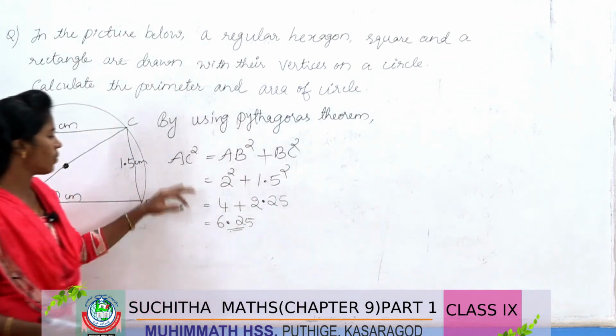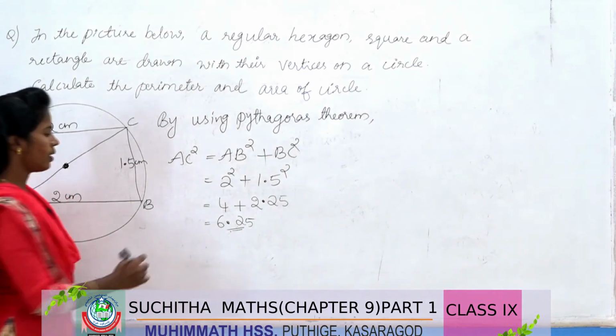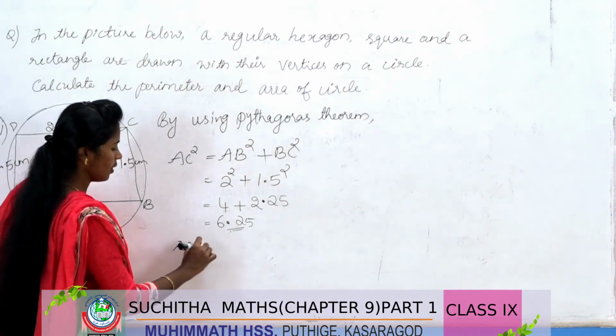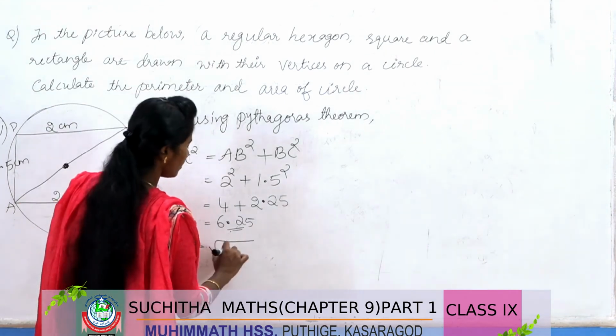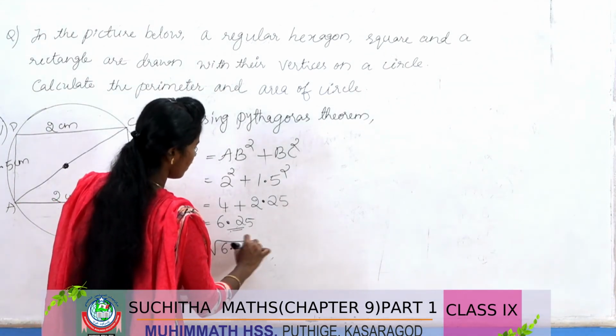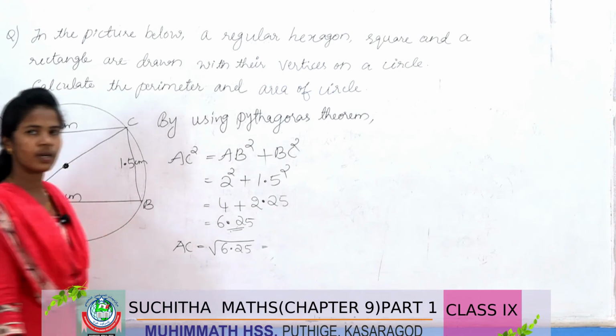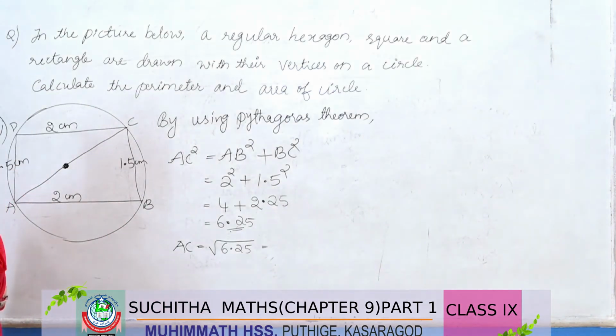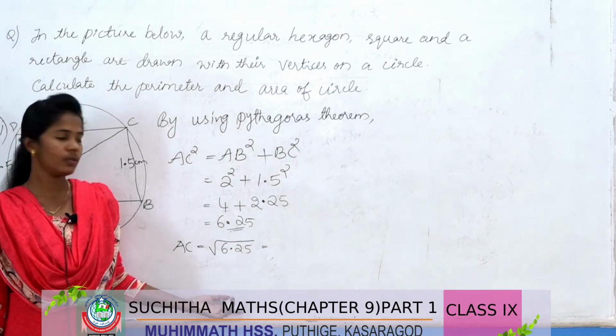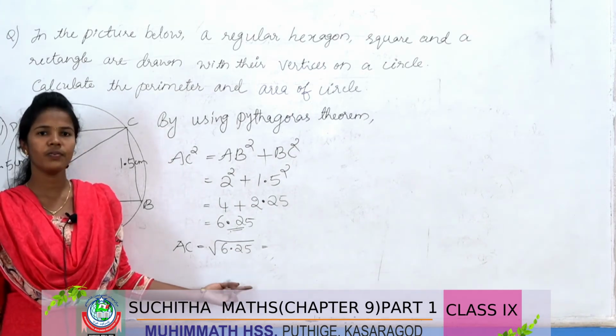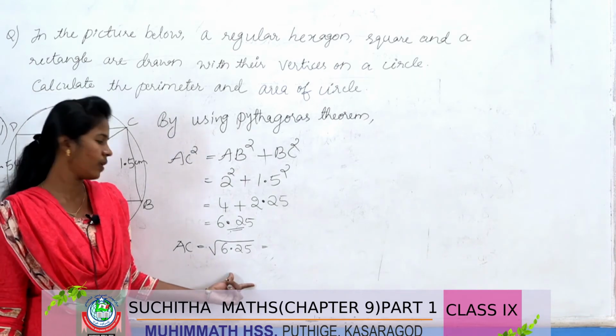So AC square is 6.25. Therefore AC is square root of 6.25. What is the square root of 6.25? So we know that square root of 625 is 25. That is 25 into 25 is 625.